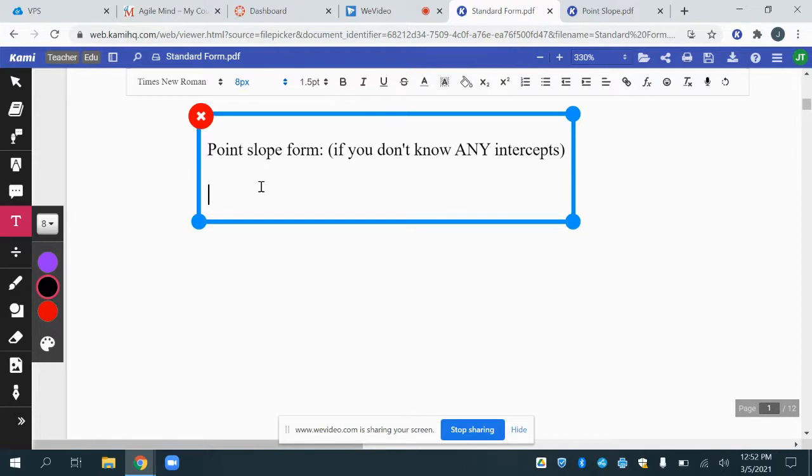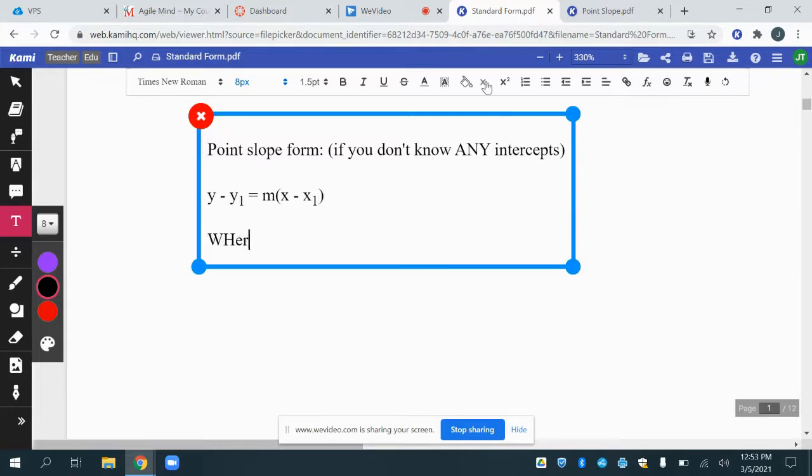Okay. Looks like this. Y minus y1 equals m times x minus x1.